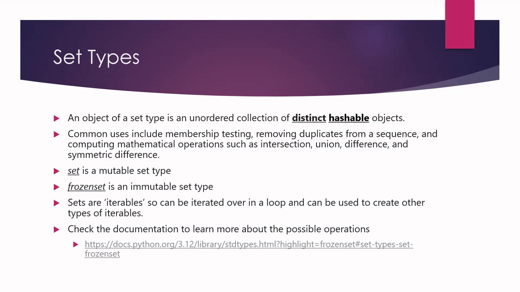We put some values within curly brackets, so let's say 3, 2, 1. Is it familiar to you? So this is set 1, and we have another set with, say, 2, 5, 3.